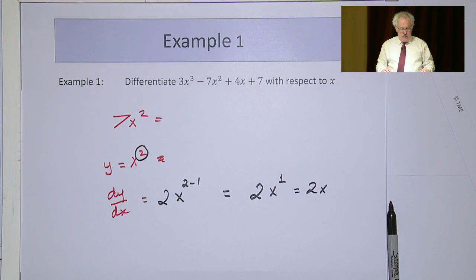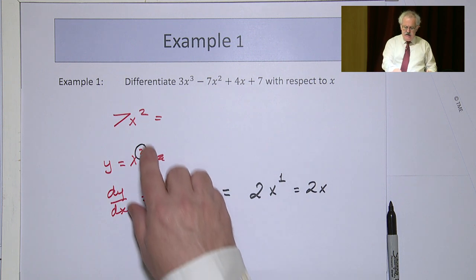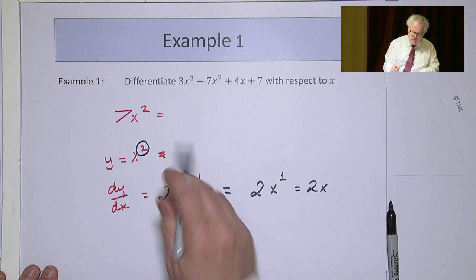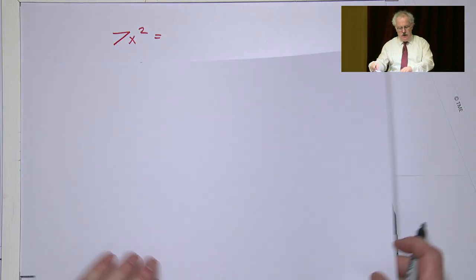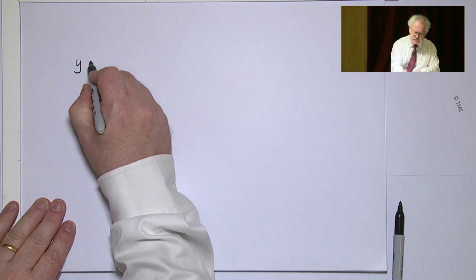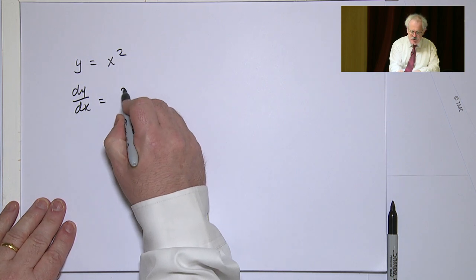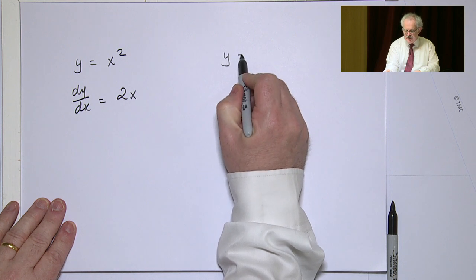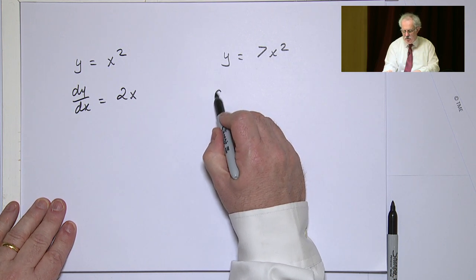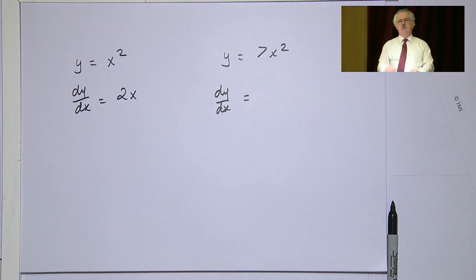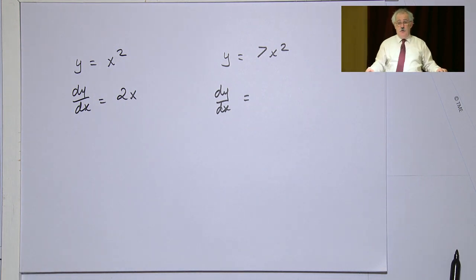Now let's take this 7 for the moment as well. When y was equal to x squared, dy dx was 2x. But if y was equal to 7x squared, what would dy dx be? 14x.